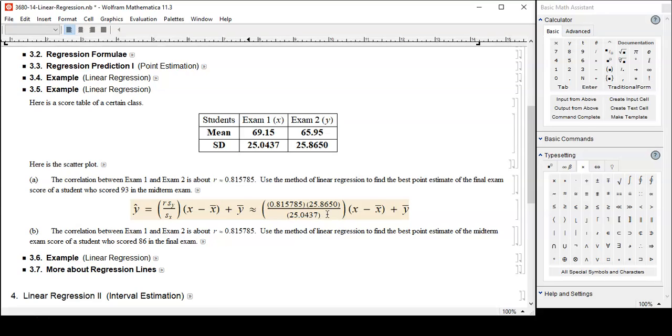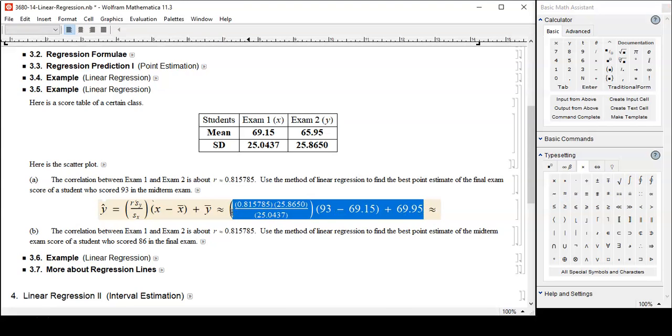Now what is x bar? Exam 1 is something we know, so this is 69.15, and y bar is 69.95. And x is 93. So doing all these computations, what do you have?